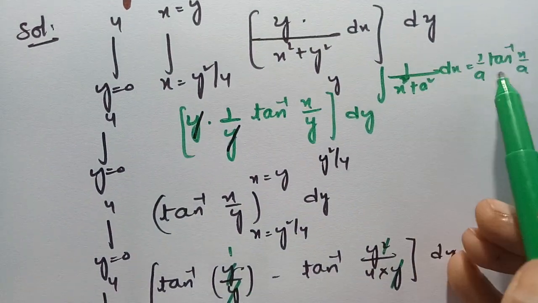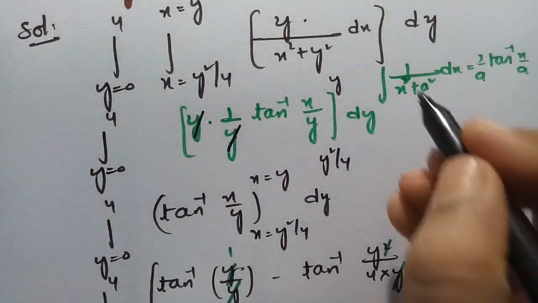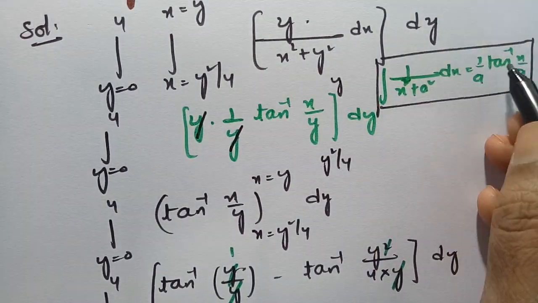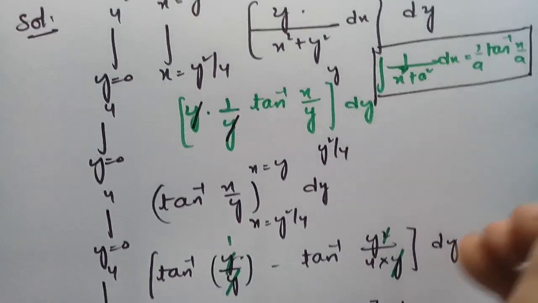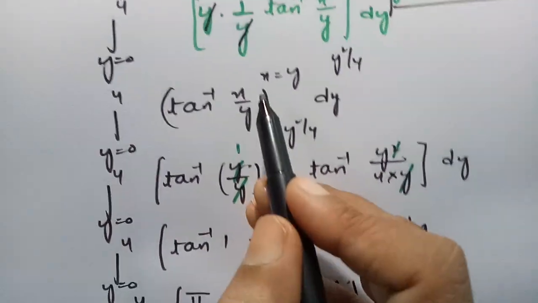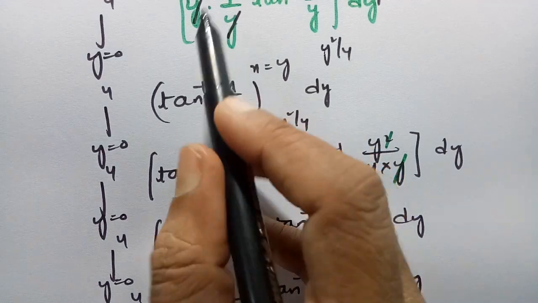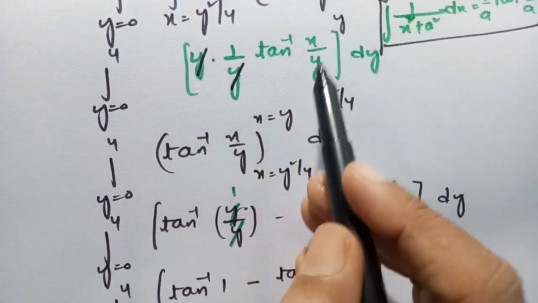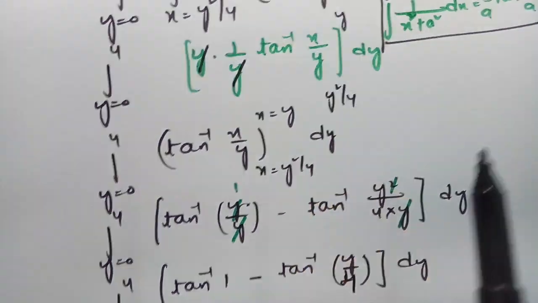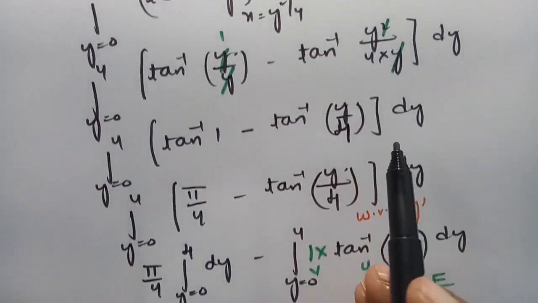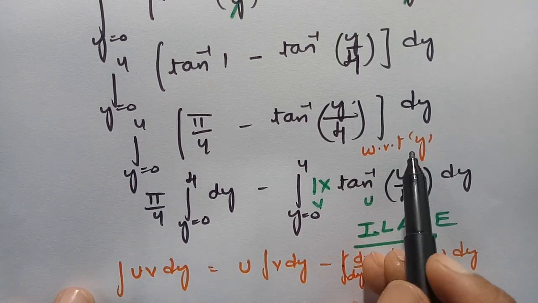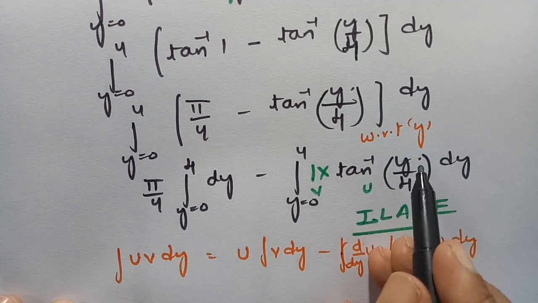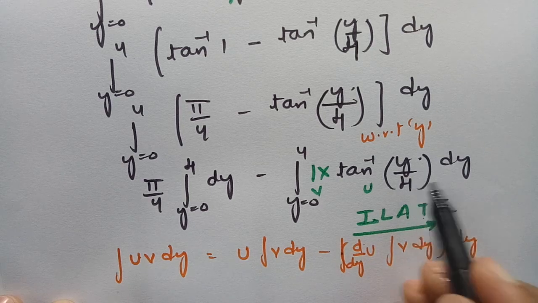And if I apply this formula, that is integral of 1 by x square plus a square dx is equal to 1 by a times tan inverse of x by a, then in place of a we have y. I have to apply the upper limit minus lower limit. After applying it, this time I have to integrate with respect to y. The integral of tan inverse of y by 4 is not possible directly.